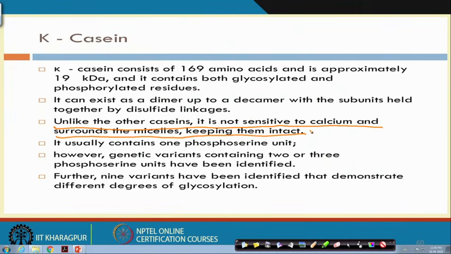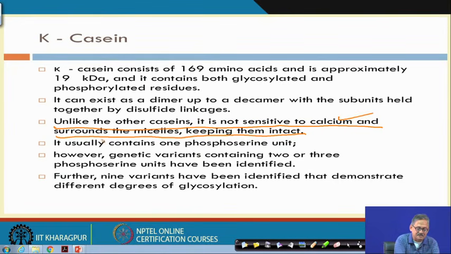It usually contains one phosphoserine unit. However, genetic variants containing 2 or 3 phosphoserine units have been identified.